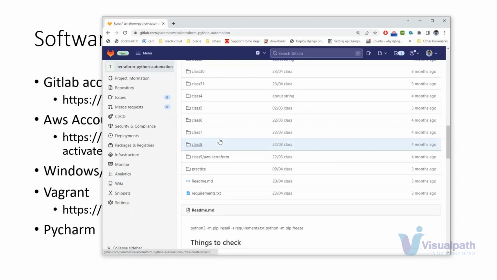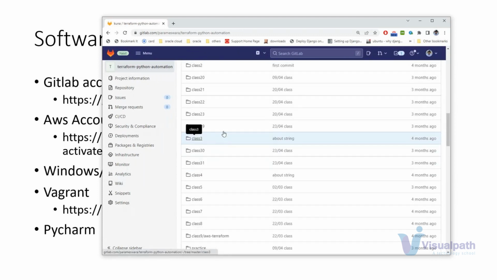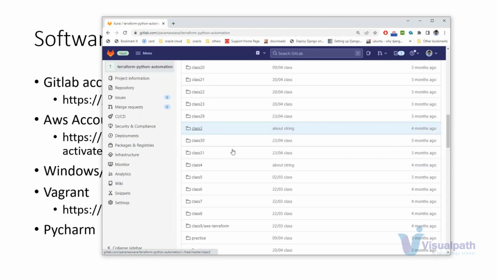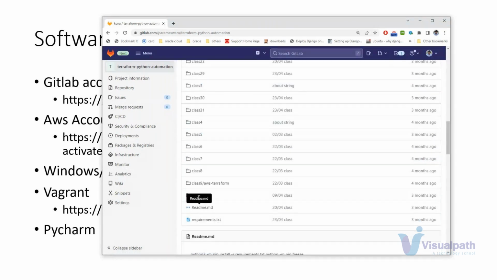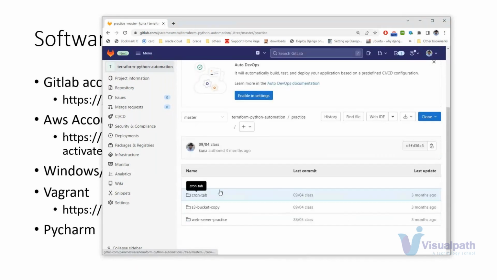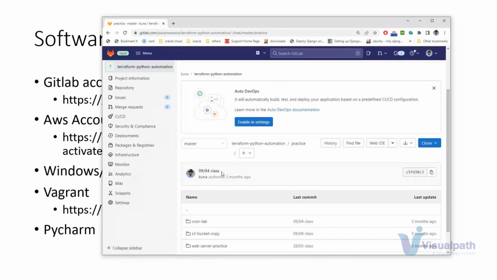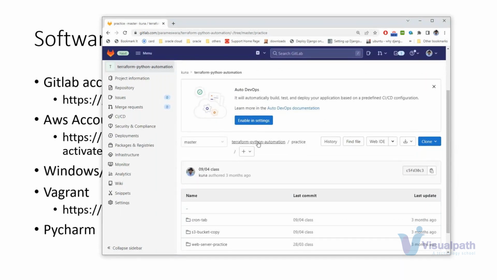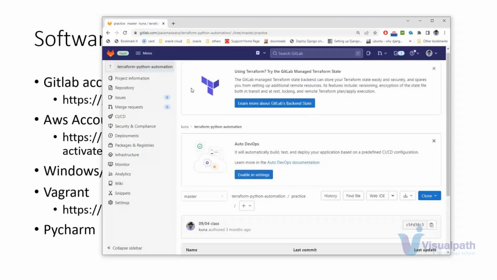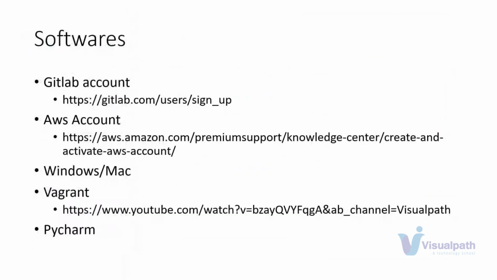In the past it went 35 classes, meaning 31 classes along with the practice sessions. So it will be around that, 35 to 40 sessions you should expect.